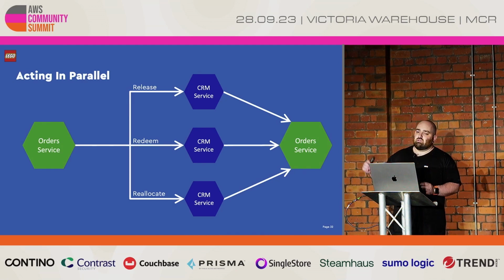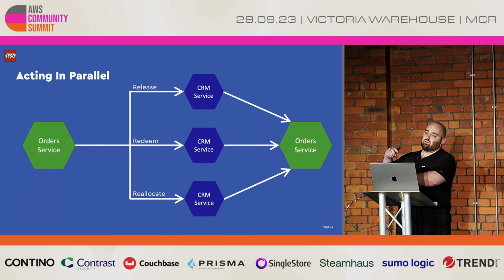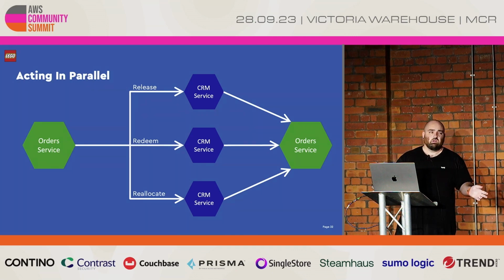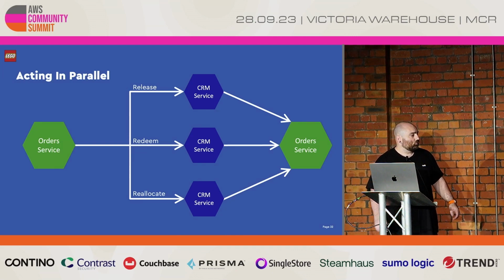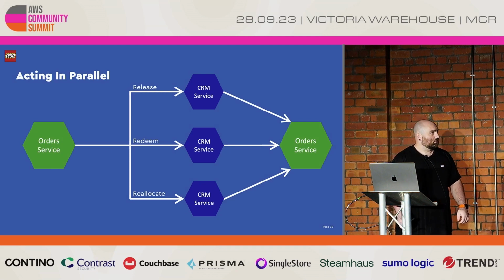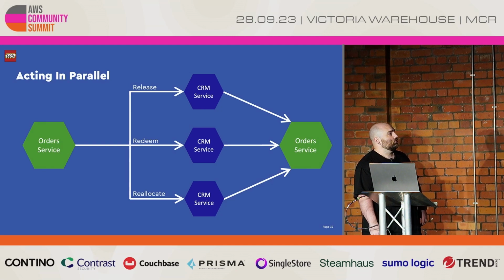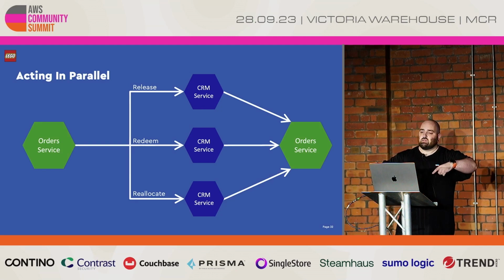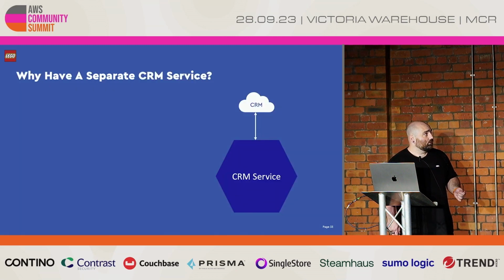So rather than having to check, okay, release, wait for that to finish, then check redeem, wait for that to finish, then go on to reallocate, which would take up quite a lot of time, we can run these all in parallel, at the same time, because we've got this decoupled architecture using these task tokens. Then they can all feed straight back into the orders service, and we can carry on. It just makes our life so much easier, and it makes things much, much quicker as well.